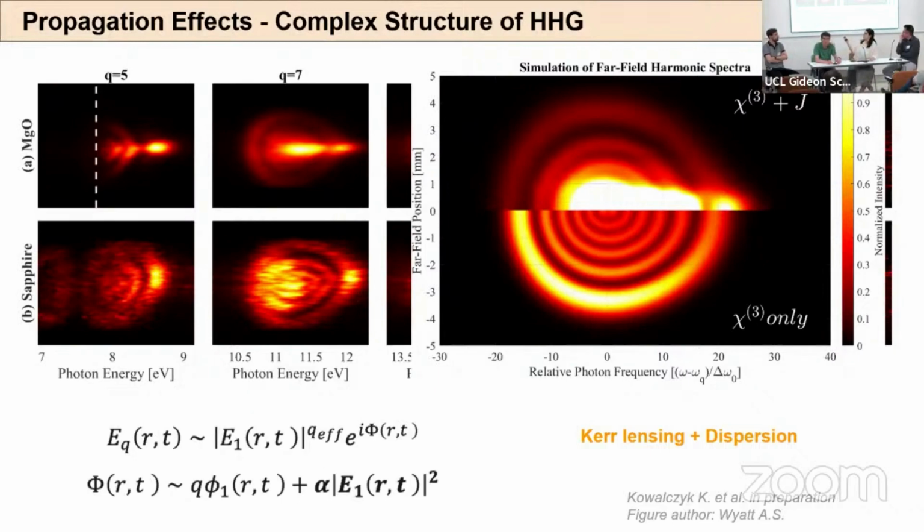You get those beautiful fringes out of your harmonics when you look at the spatial divergence versus the energy of the harmonic. And this is also a propagation effect that is very dependent on the thickness and the intensity of the driving laser. This also shows you the importance of different types of propagation, because this is only visible in the far field.